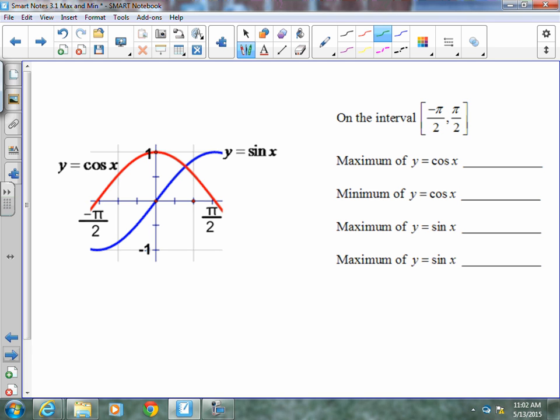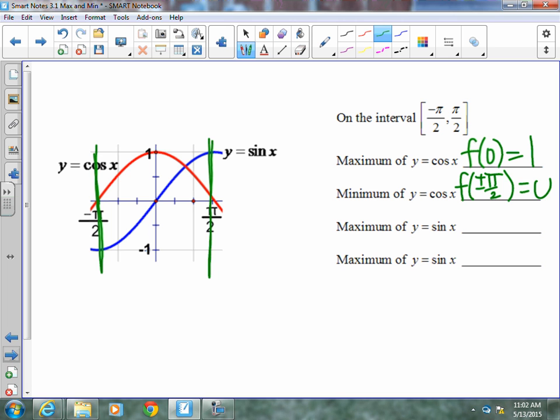If we look at this graph, cosine's the red, and notice we're only going from negative pi over 2 to pi over 2. The maximum of the cosine graph is going to be at x equals 0, so it's f of 0, but it could also be called 1 because we know the maximum y value there. The minimum cosine value happens at plus or minus pi over 2 and is 0 when we're talking from negative pi over 2 to pi over 2.